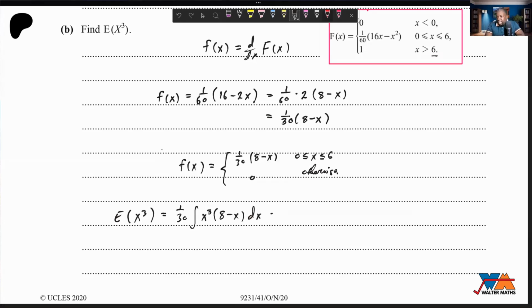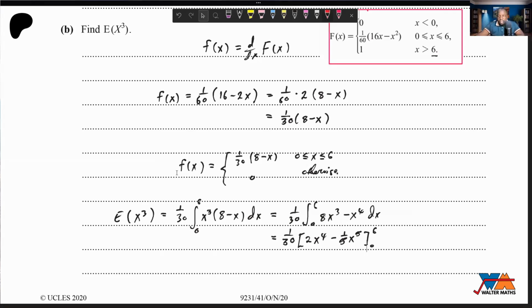This is the integral from 0 up to 6 of 8x cubed minus x to the power 4 with respect to x, which is 1 over 30 of, integrating this, we get 2x to the 4 minus a fifth of x to the power of 5. We'll use the square bracket, from 0 up to 6.